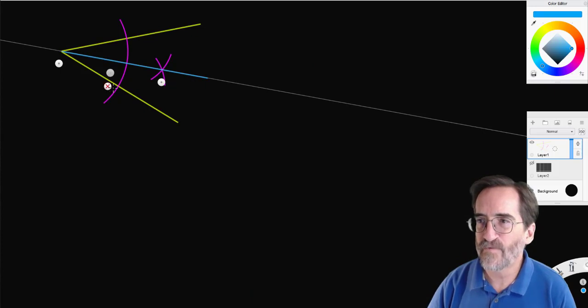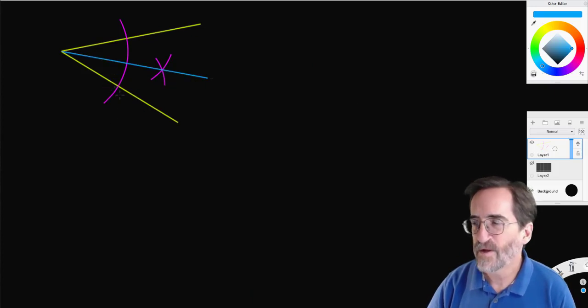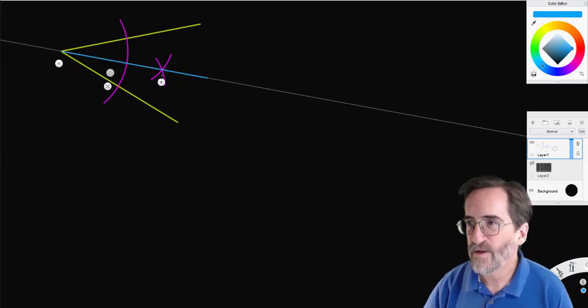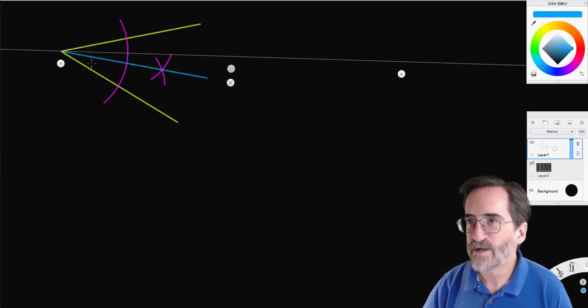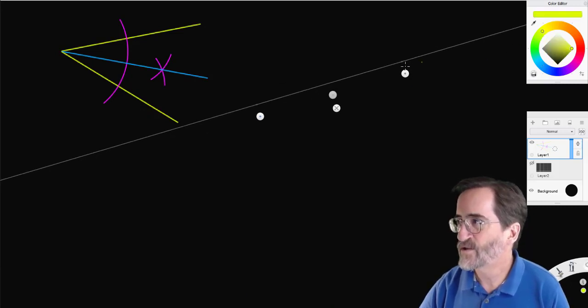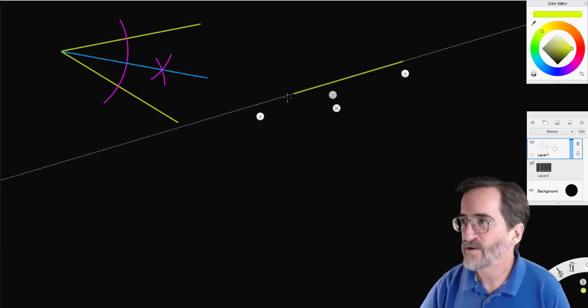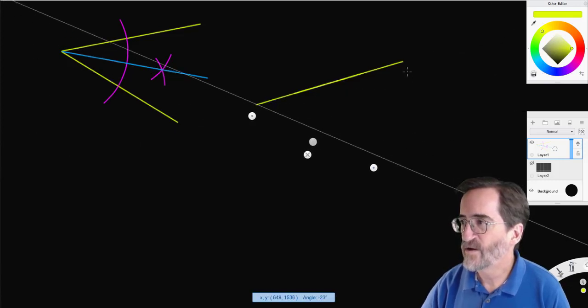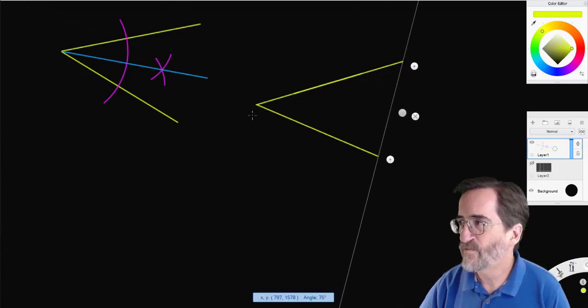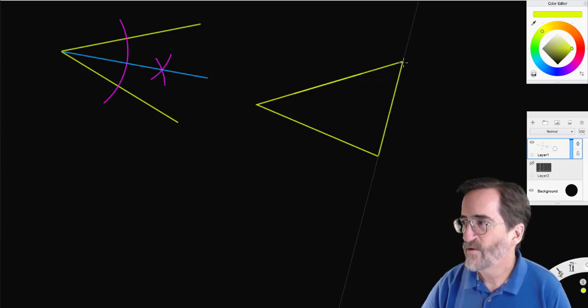So when we do that for a given triangle, this is what it looks like. Okay, so let's draw a triangle, and we're going to draw the angle bisectors of a triangle. There we go.